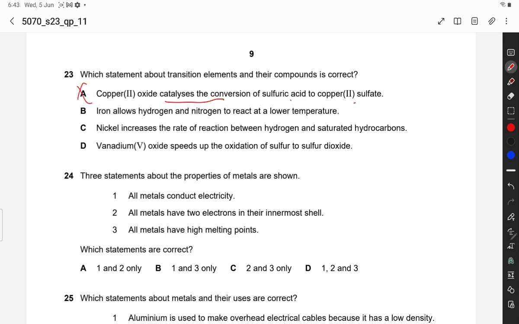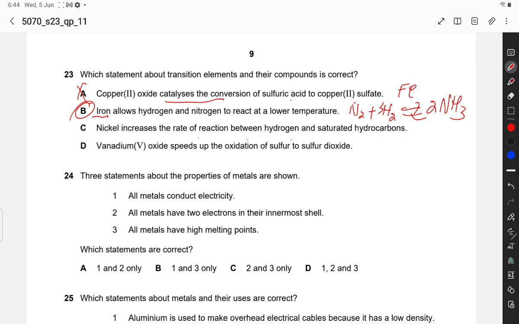Iron allows hydrogen and nitrogen to react at a lower temperature. Yes, iron is used as a catalyst when nitrogen reacts with hydrogen to form ammonia, so iron allows hydrogen and nitrogen to react at a lower temperature. So B option is correct.